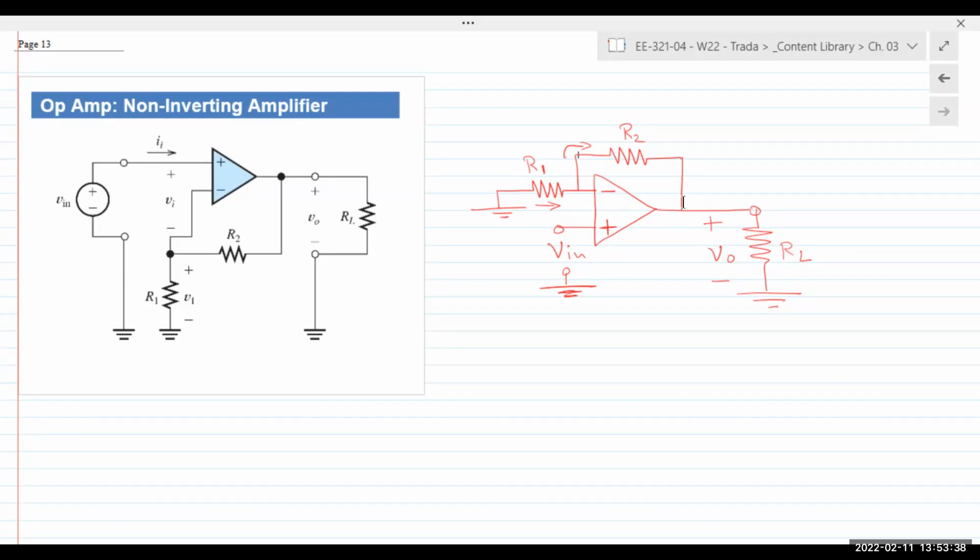So what is the voltage across R1? You got R2 and you got R1 connected to ground, voltage divider network, right? What do we get? V1 is equal to VO times the resistor of interest, which is R1, divided by R1 plus R2.